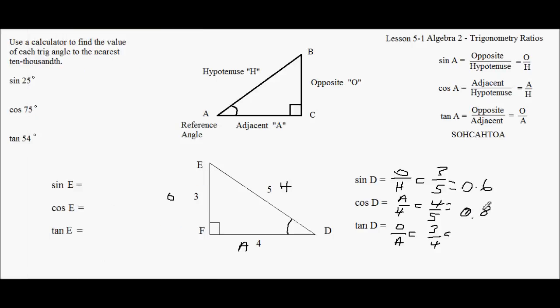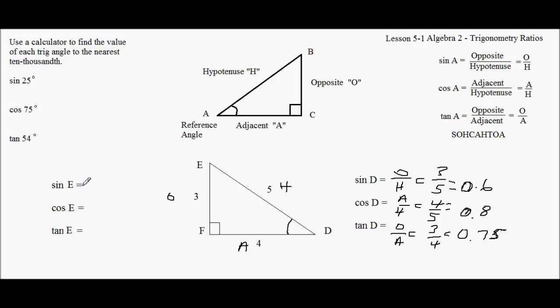And I know what 3 divided by 4 is: it's 0.75. That's how you figure out the ratios.